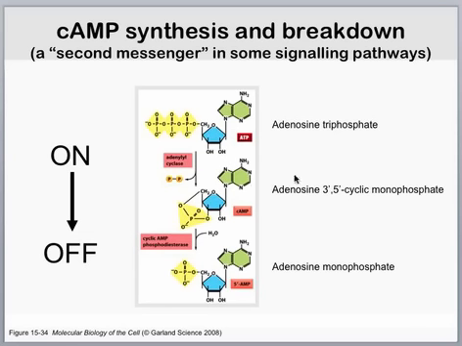And I apologize if I'm waving the mouse around like a crazy person, but there you have it. So effectively, this is the turning on of the signal here. The activation of the adenyl cyclase is part of the signaling pathway, and turning off the signaling pathway, part of that process is the activation of cyclic AMP phosphodiesterase.